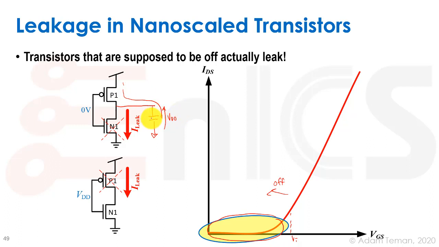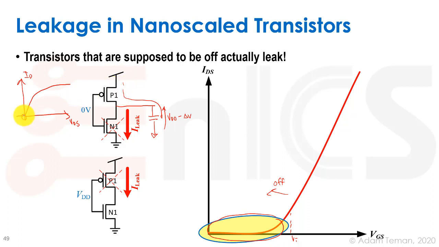If for some reason we lose some of the voltage and we have some sort of VDD minus some sort of delta V over here, then immediately what will happen is the PMOS will replenish this with extra current. We can see that looking at a standard VDS to ID curve. When our curve is something like this on the PMOS, why do we not have any current here in the steady state?